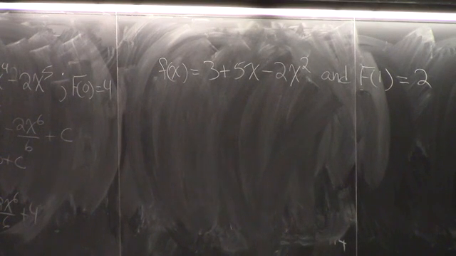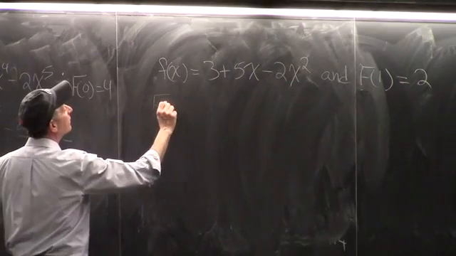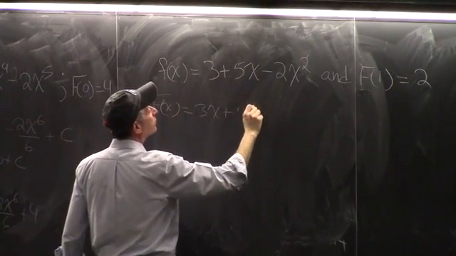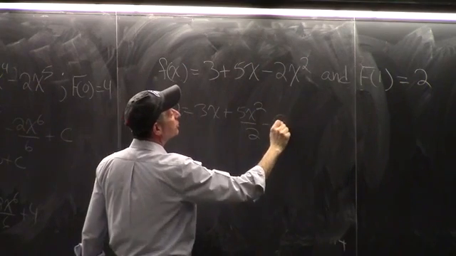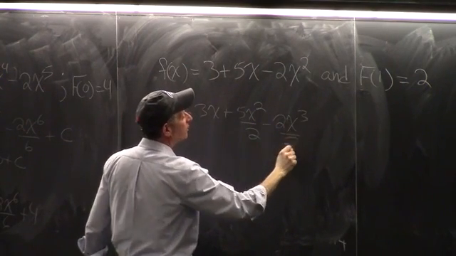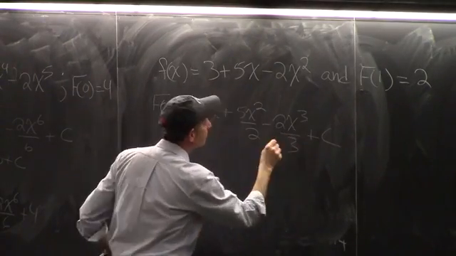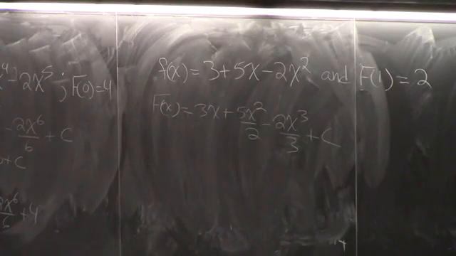All right, so antiderivative. Capital F of x is 3x plus 5x squared over 2 minus 2x cubed over 3 plus a constant. That's beautiful. Okay? Now we know that f of 1 is 2.